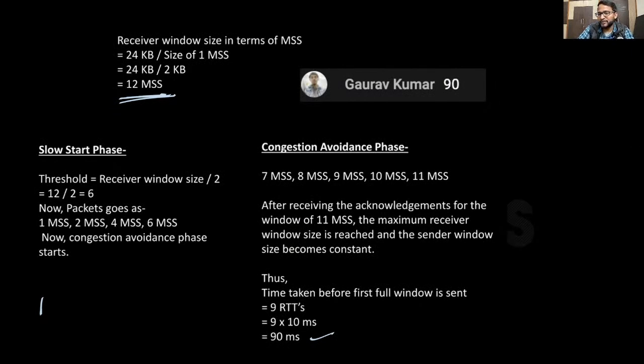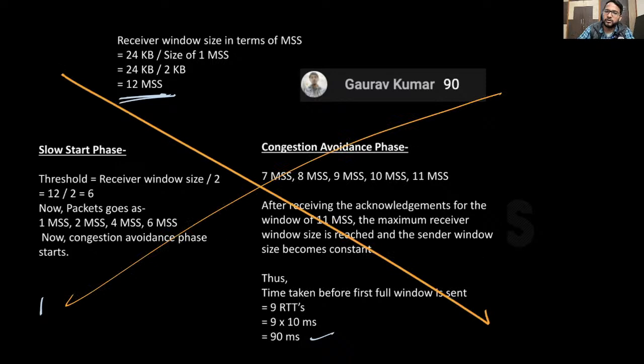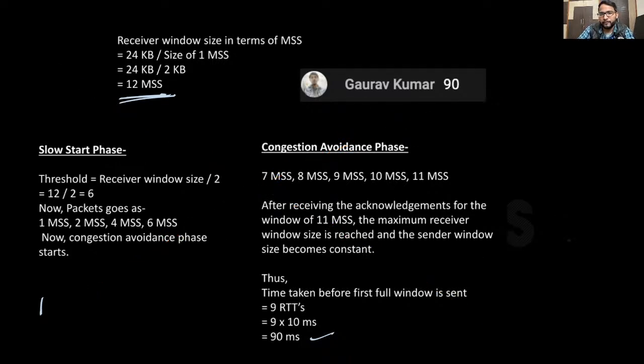Now let's see why it is a misconception and what is wrong with this solution. Actually, the solution is wrong and 90 is not the answer. This is a completely wrong solution. Can anyone tell me why this solution is wrong? I just want to go a little slow here because that's one of the major misconceptions that I have seen among the students. Let me know very quickly why you think this solution is wrong so that I can move further.